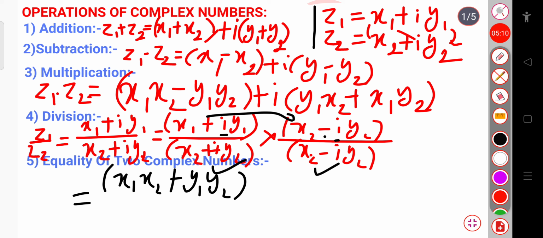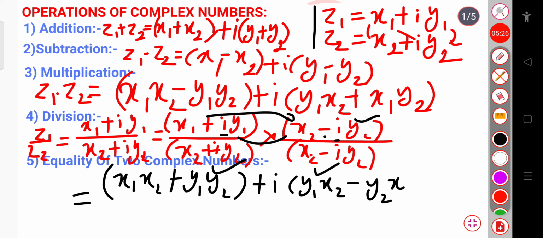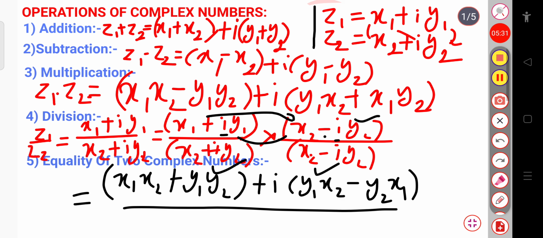I am writing the real part, plus this is iota y1 into x2, so this will be y1 into x2 minus, again you can see, y2 into x1, whole divided by x2 squared plus y2 squared.